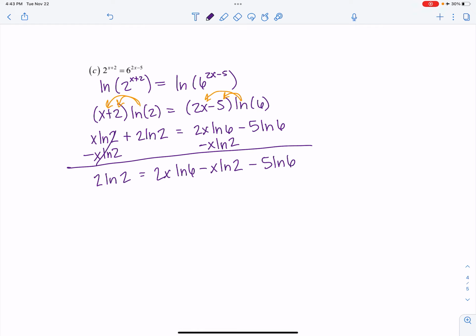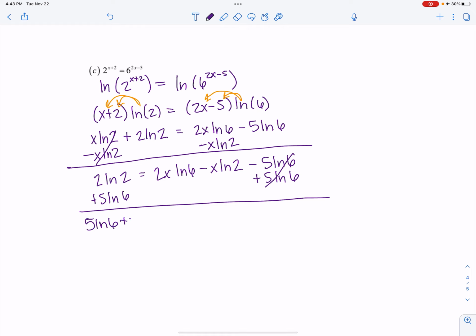And then we can move the 5 natural log of 6 out of there because it doesn't have an x, plus 5 natural log of 6. So this leaves us with 5 natural log 6 plus 2 natural log 2 equals 2x natural log 6 minus x natural log 2.